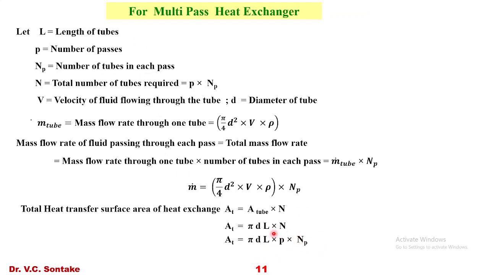So this is the area of a cross flow or multipass heat exchanger in terms of the length of the heat exchanger, number of passes, and number of tubes in each pass.